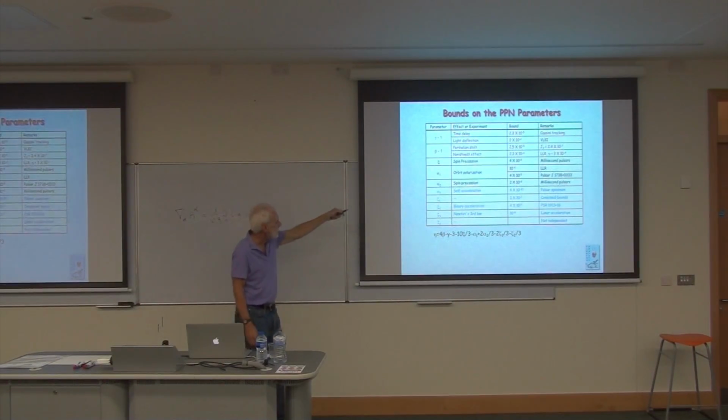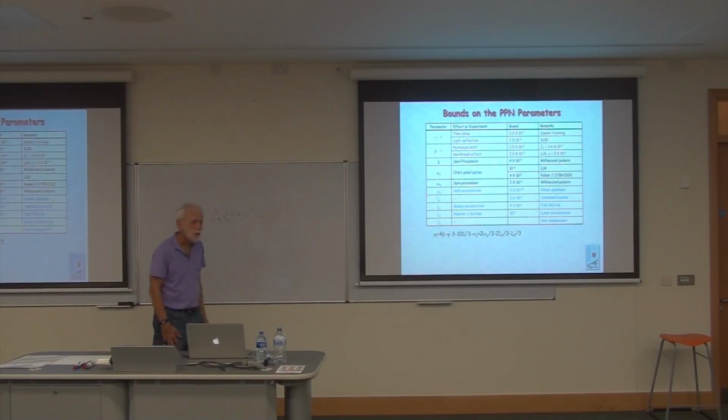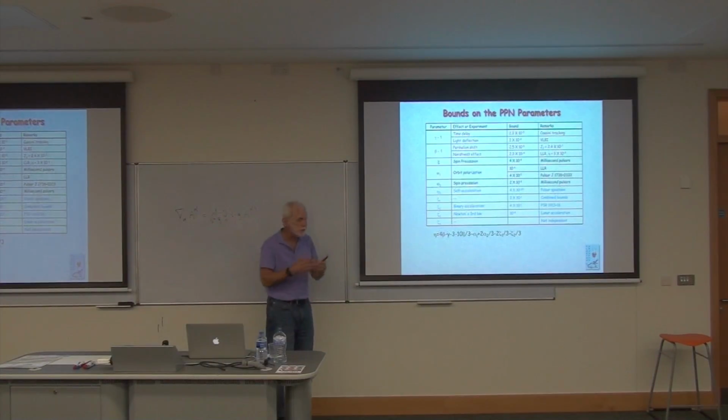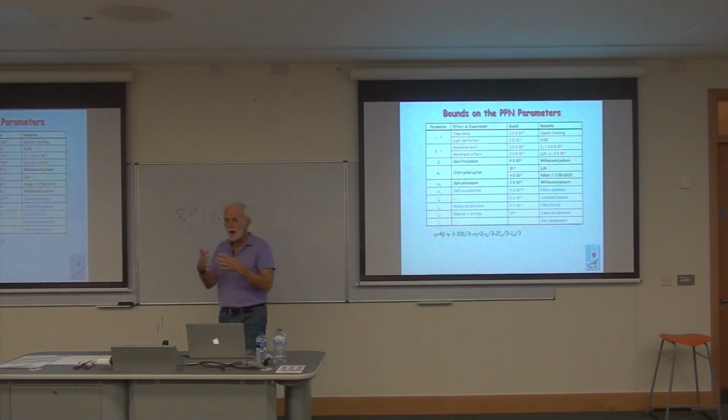There's another set of parameters that appear that are zero in general relativity, but could be non-zero in alternative theories of gravity. And these parameters have the effect of violating Lorentz invariance within gravity.